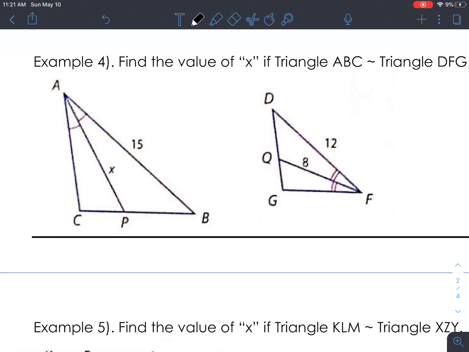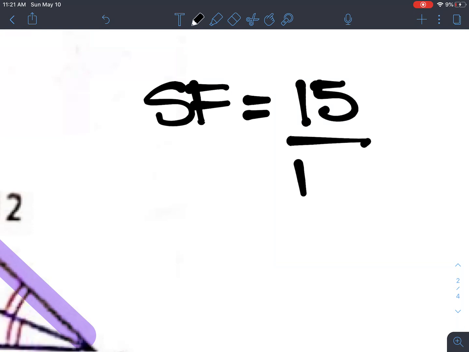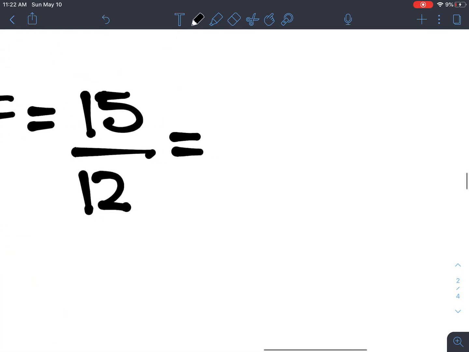So let's notice that I have AB and DF. Those sides correspond with one another, so that's going to be my scale factor. So my scale factor is 15 over 12, which reduces into 5/4.